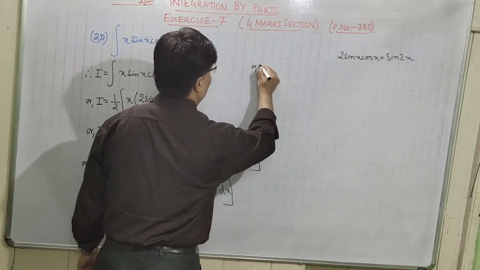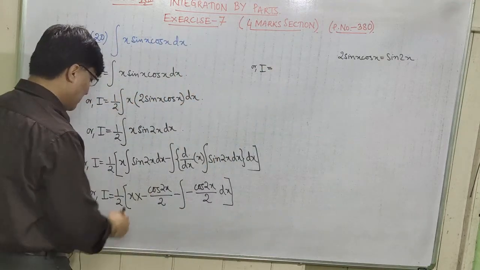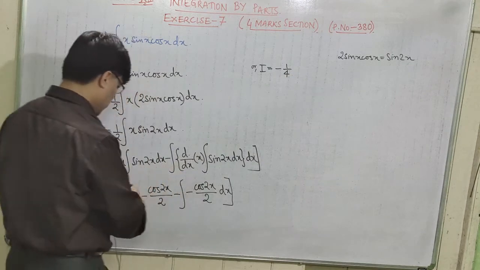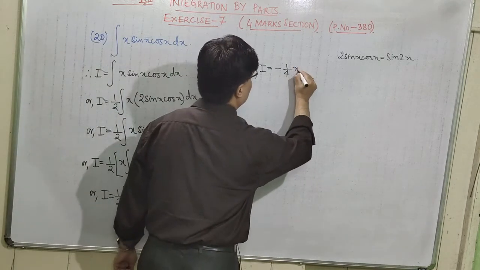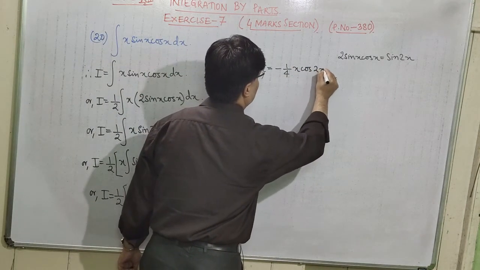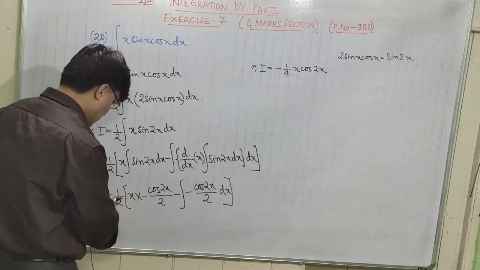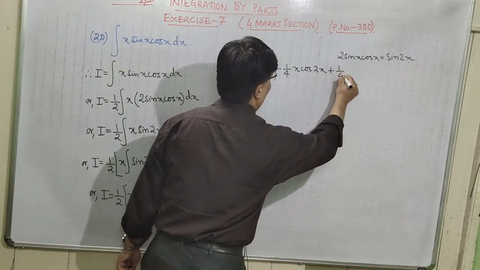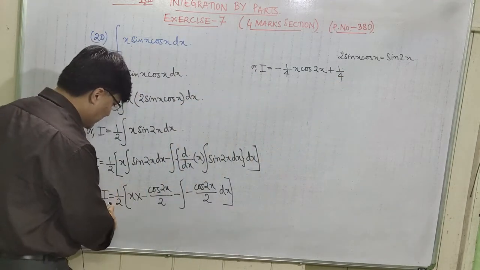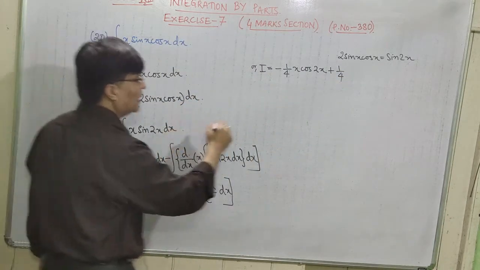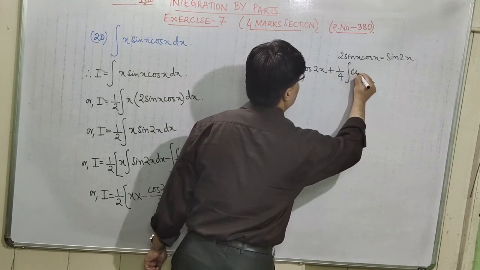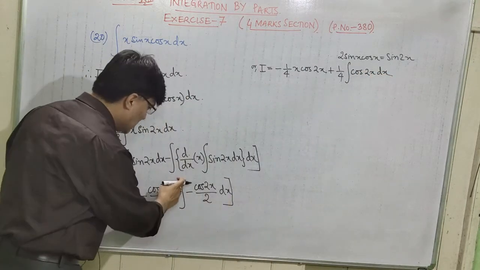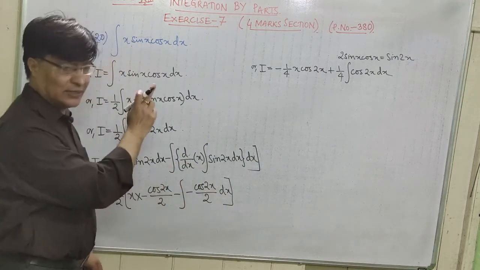So I is equal to, now multiply by half, minus 1/4 x cos 2x, then minus into minus plus, plus 1/4, again it is 1/4, half into half is 1/4, then integration of cos 2x dx.